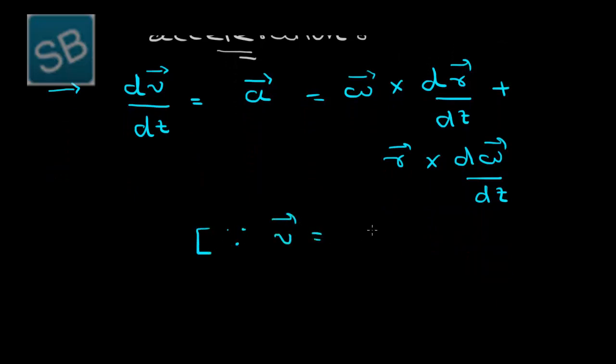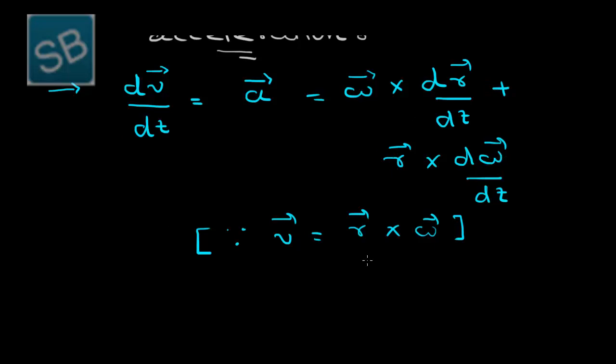Because v is equal to r cross omega, and as per the rule of differentiation, in the case of multiplication, we have to keep one quantity constant and differentiate the other one. In addition to that, we now have to keep the remaining one constant and differentiate the omega term.